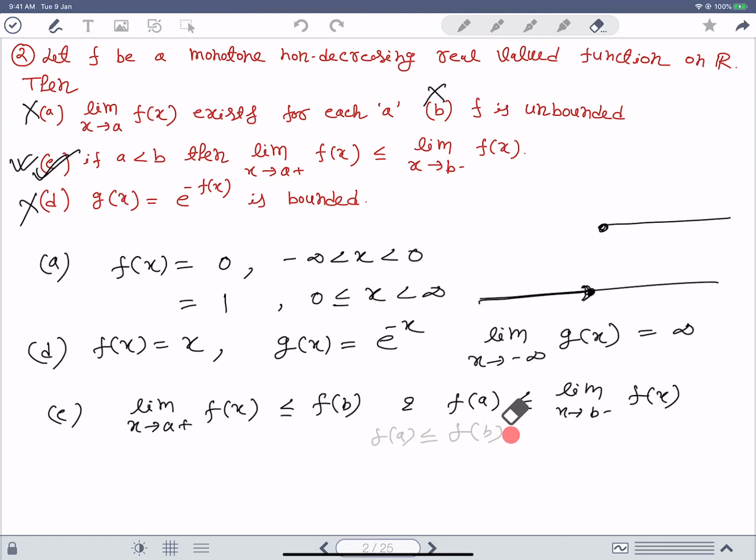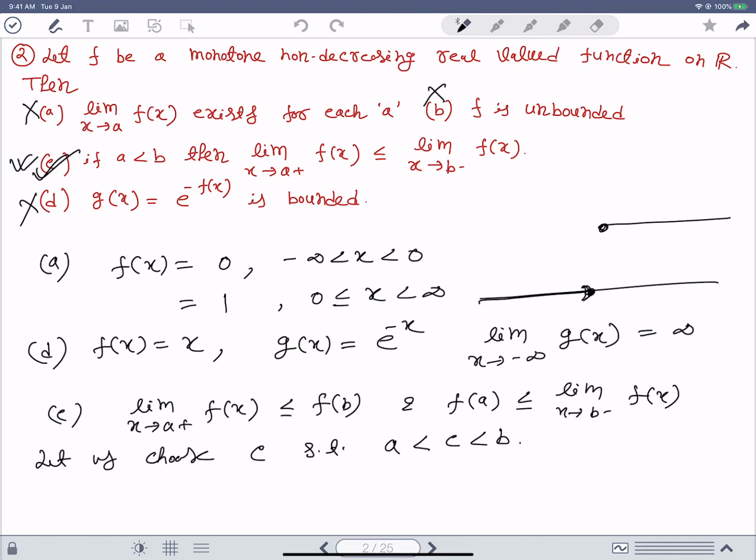So to prove this, what do we need to find? First of all, we need to choose one c between a and b. So let us choose a real number c such that a is less than c is less than b. Since a is less than b, we can always get this.